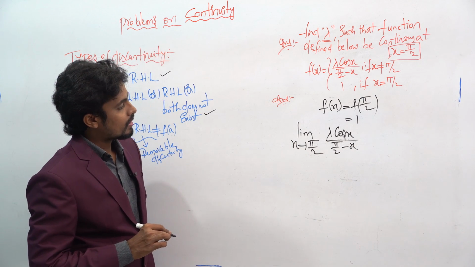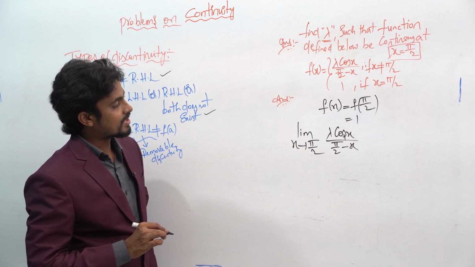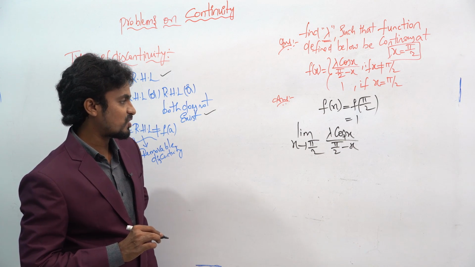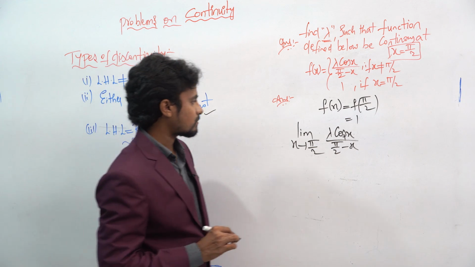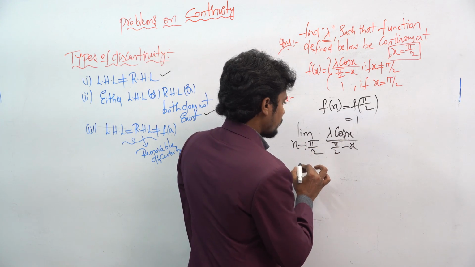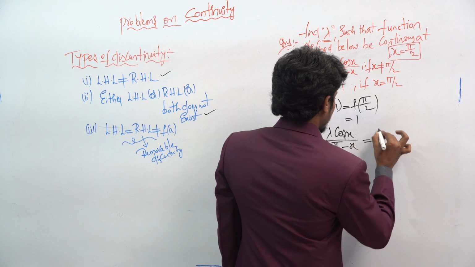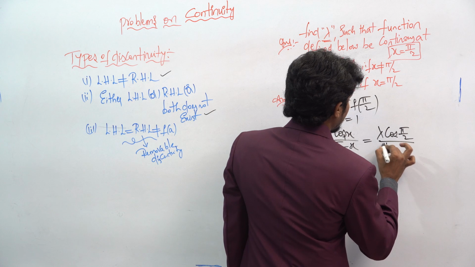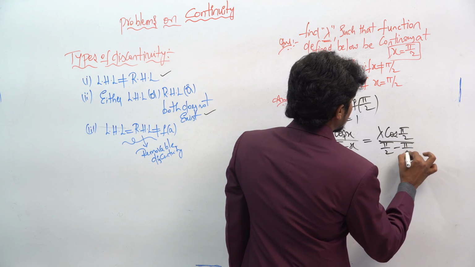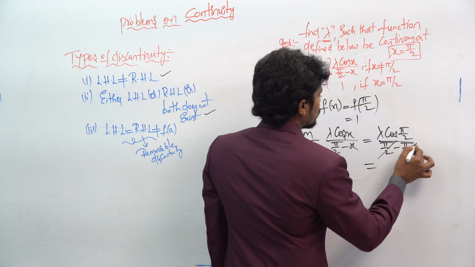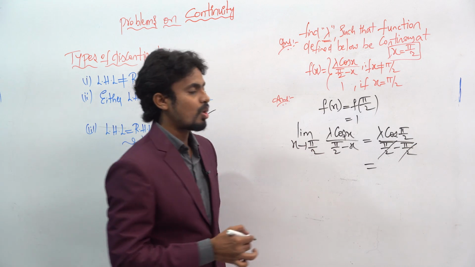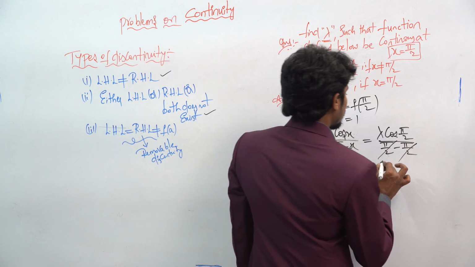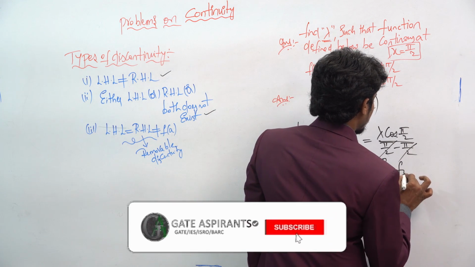Now substitute x with pi by 2. What will happen? This becomes lambda into cos pi by 2 divided by pi by 2 minus pi by 2. Here positive and negative get cancelled. You already know cos 90 is 0. So this is the 0 by 0 form.